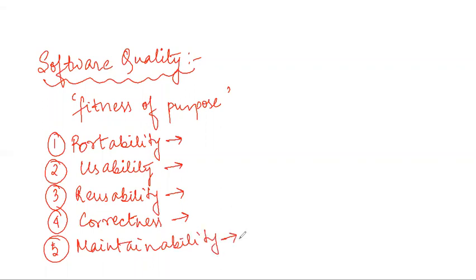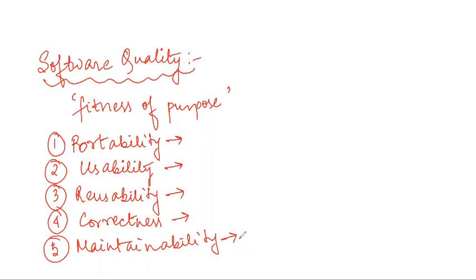The next metric is maintainability. Suppose our product has some errors, and if we can easily correct them, so as and when the product errors show, they can be corrected and new functions can also be easily added to the product. And the functionalities in the product can be easily modified also.